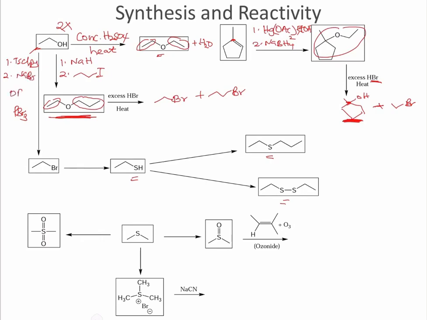So we can use that, or phosphorus tribromide gives us the product in one step, and then we end up with the alkyl halide.